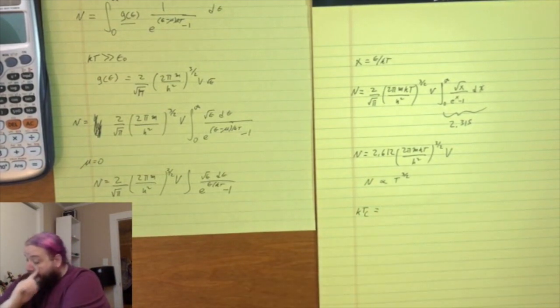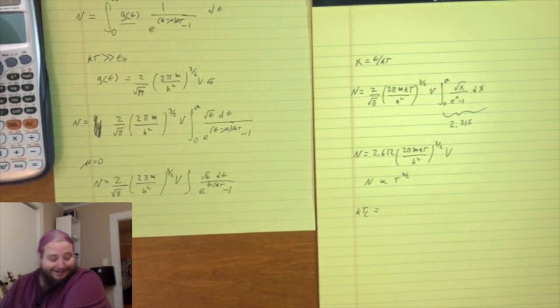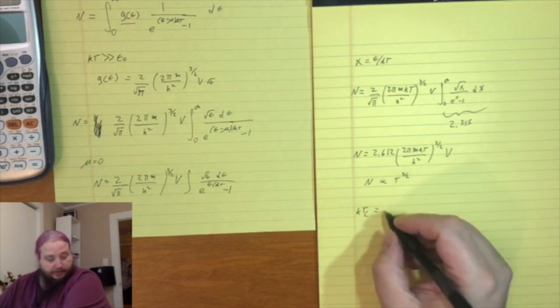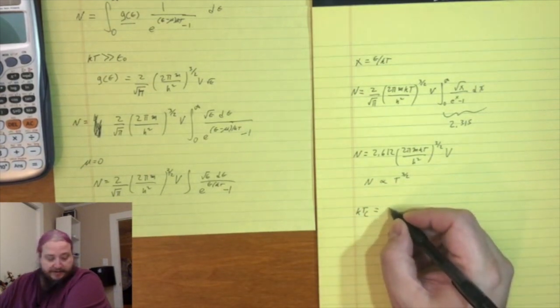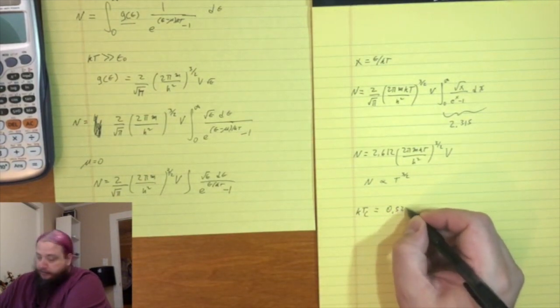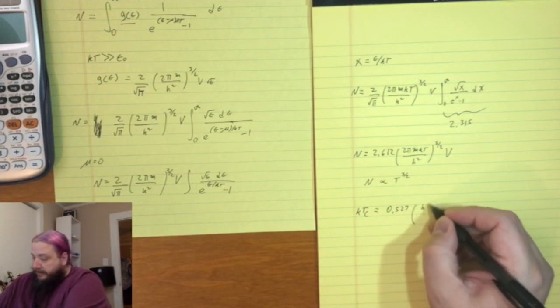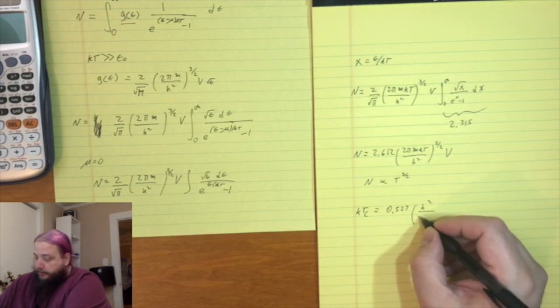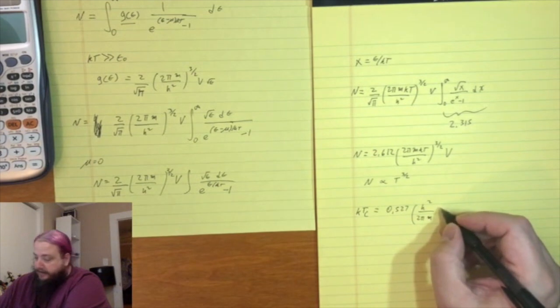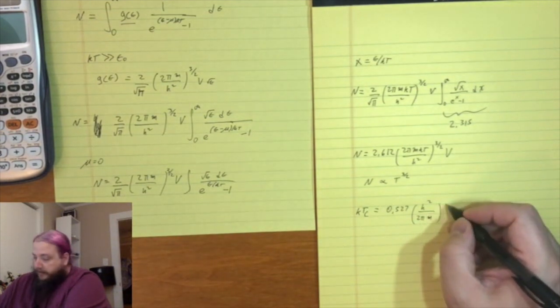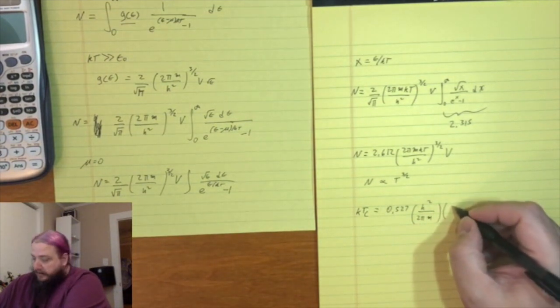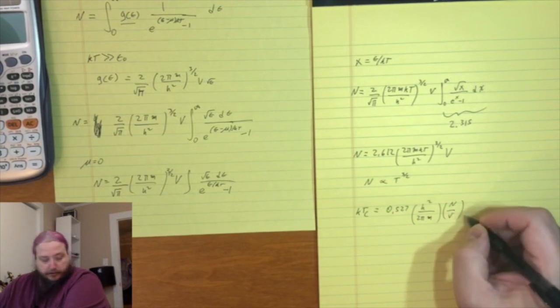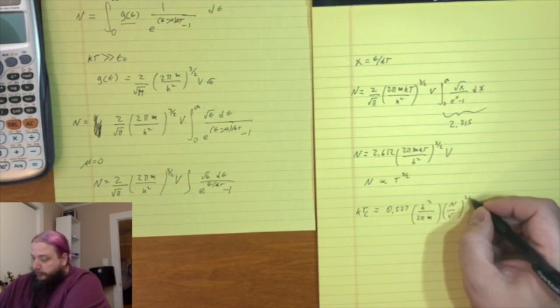We'll call it the critical temperature or condensation temperature, Tc. And kTc is just 0.527 h squared over 2 pi times the mass times n over volume to the 2/3.